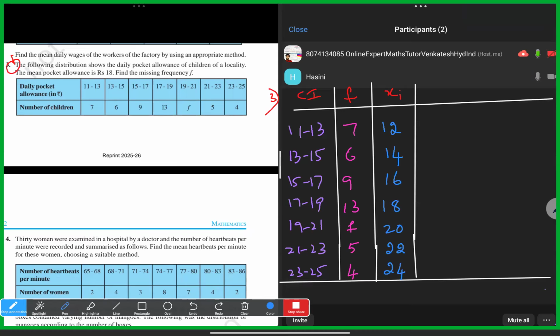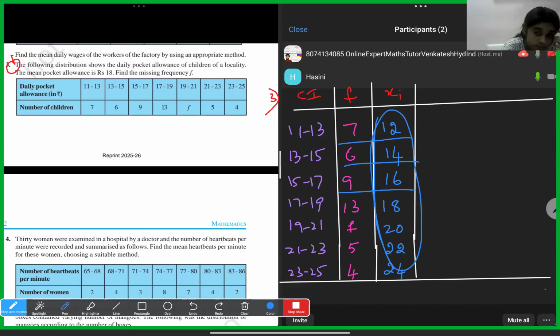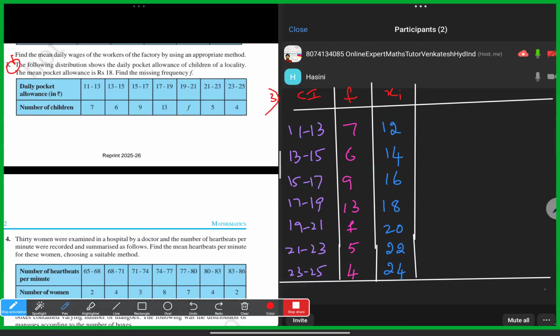Now you can see we can make these values much smaller by going to the assumed mean method, because multiplication would make bigger numbers. I'm selecting the middle value, a, as 18.